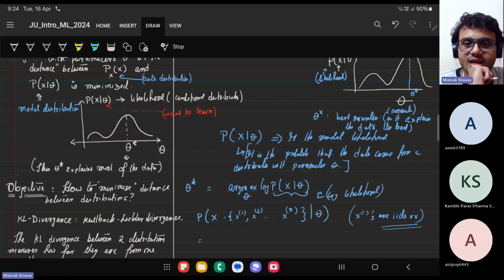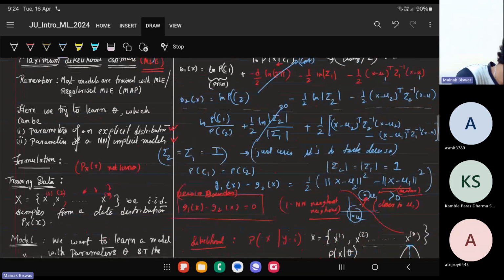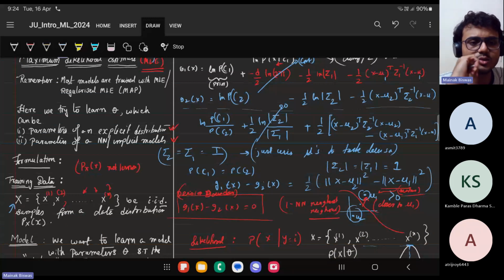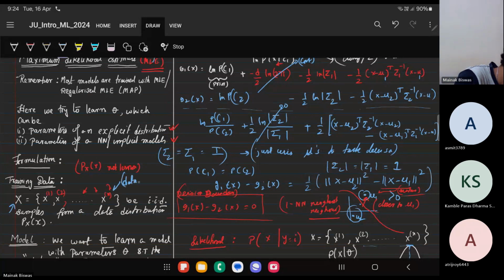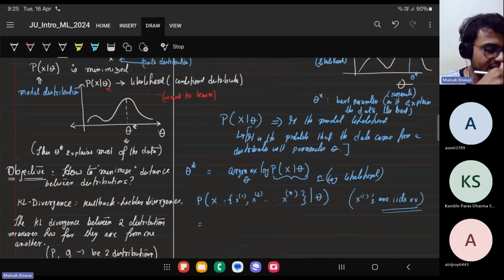P of X given theta as... So recall X is the data set, capital X, and X1 to Xn are the data points. So I'm asking you, what can I write this log of P of X given theta as?